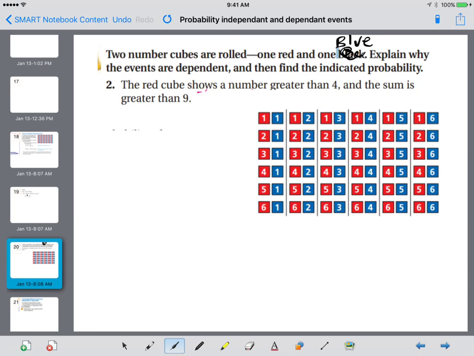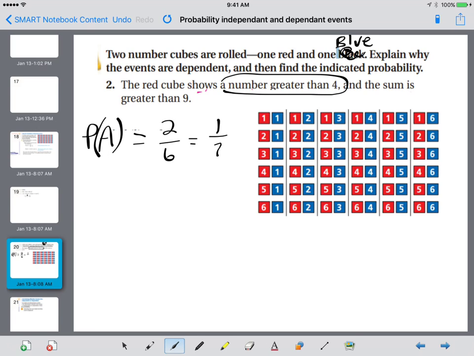So on a number cube, there are two numbers bigger than 4. So the probability of event A, we're going to call that the red cube showing a number greater than 4. That would be a 2 out of 6 chance, which is 1 out of 3.